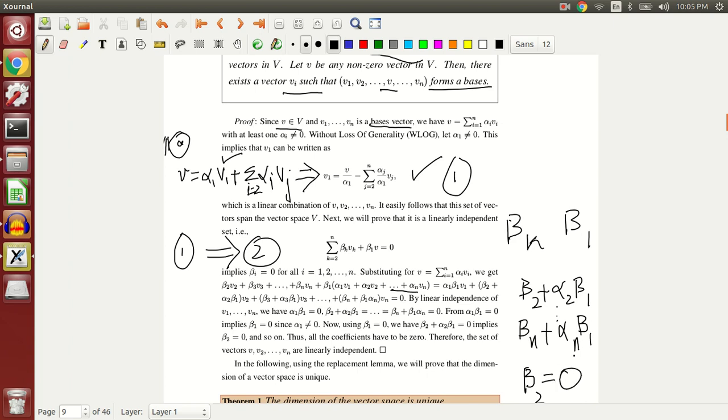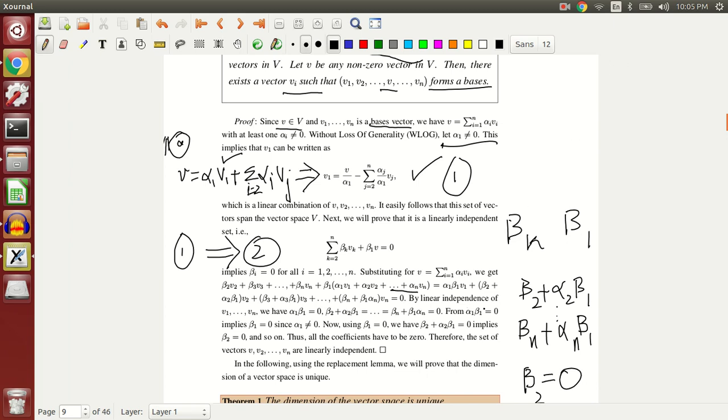Likewise, you prove that beta 1 is 0 because alpha 1 cannot be 0. We know this is true. And we know alpha 1 cannot be 0 because at the beginning of the proof, we assume that alpha 1 is not equal to 0. So we at least need one term, in this case alpha 1, to be not 0.